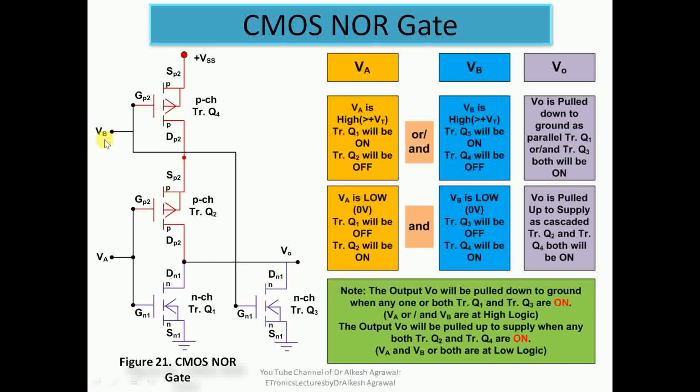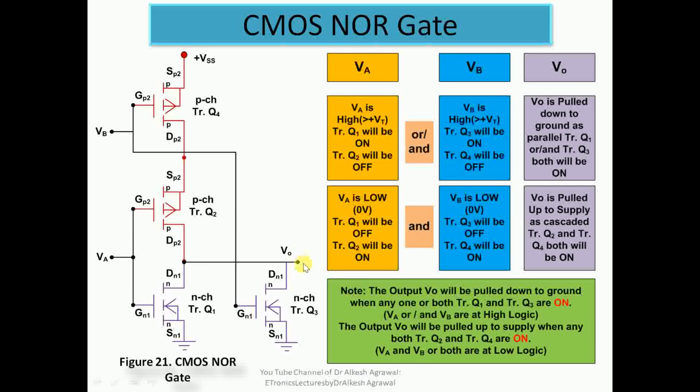In one configuration, when VB is given a low logic and VA is given a low logic, both these transistors Q1 and Q3 will be in cutoff mode, and transistors Q2 and Q4 will be on, and output is pulled up by the supply, because these two transistors are connected in cascaded form.